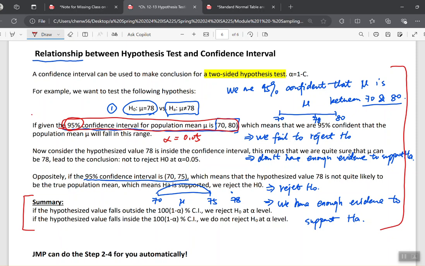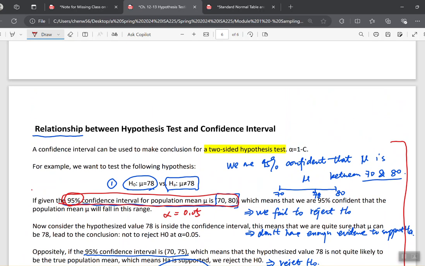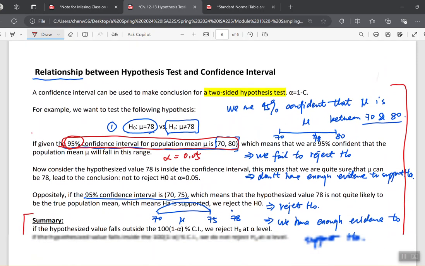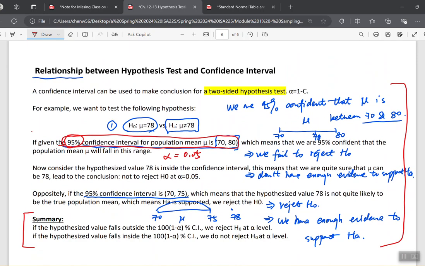All right, okay, so then your question may be, what if in this example we have a 2-tailed hypothesis, but what if we have a 1-tailed hypothesis, left tail or right tail? Would we have the same conclusion?